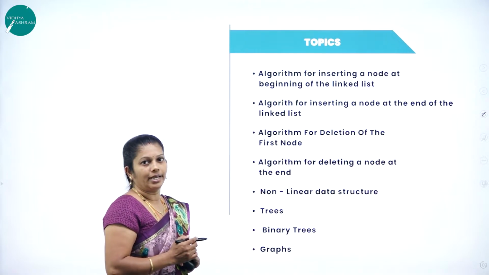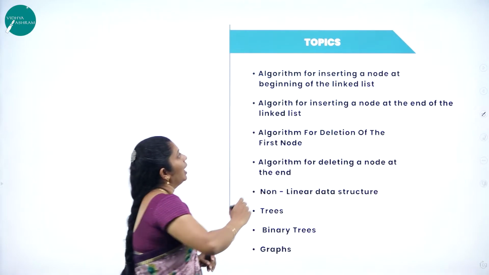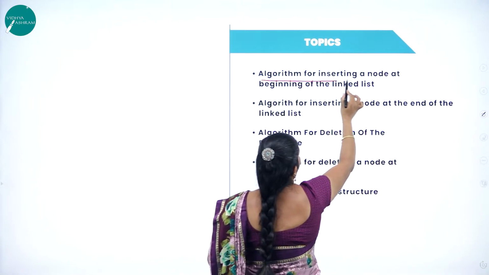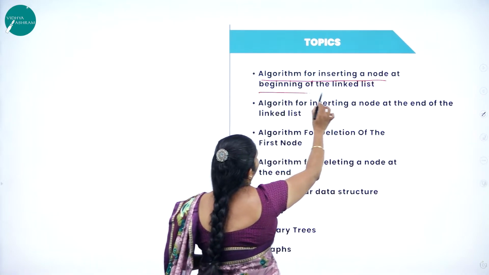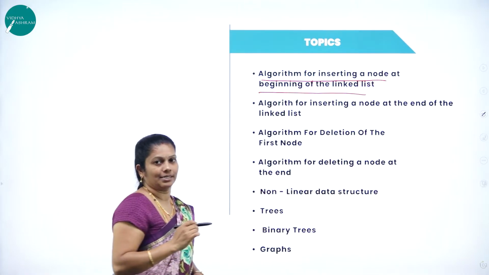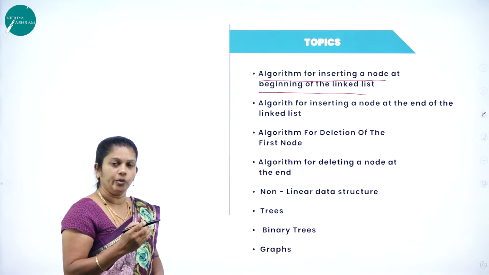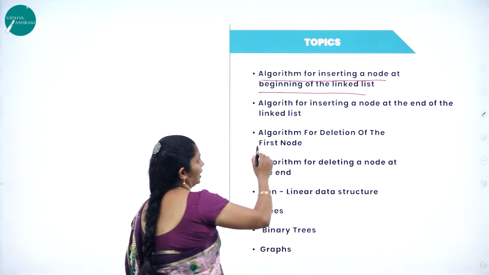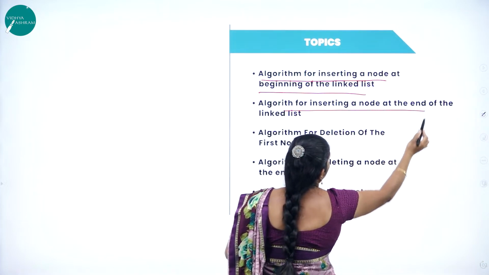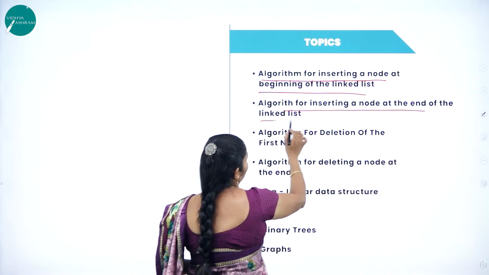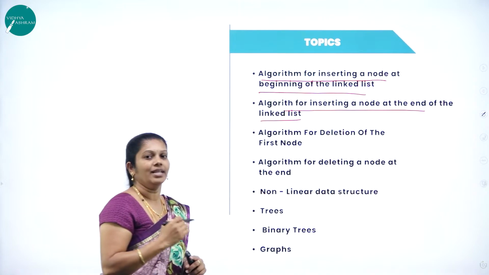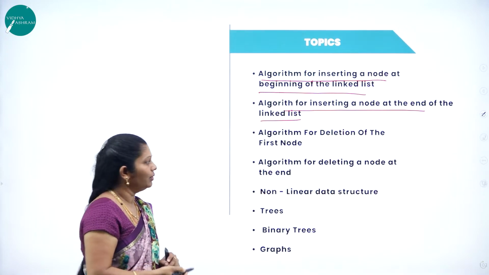Whereas today you will come to know about the algorithm for inserting a node at the beginning of the linked list. In the beginning, how to create a new node and how to link that. Then the algorithm for inserting a node at the end of the linked list, at the end how to insert a new node.